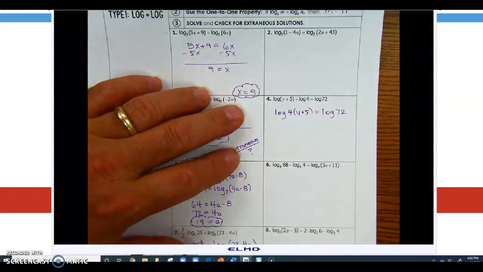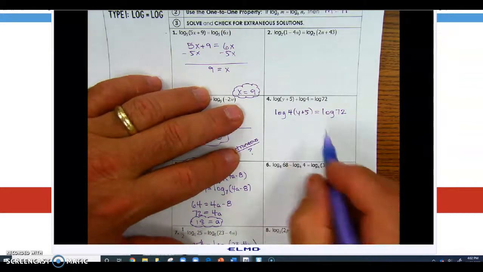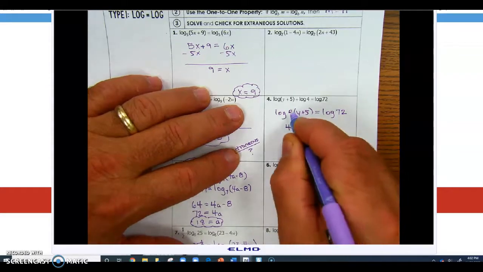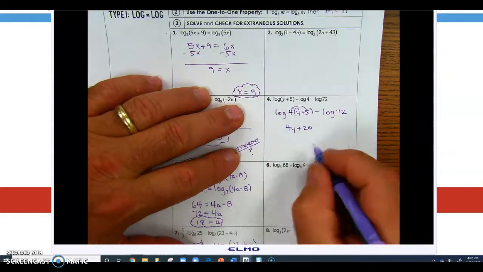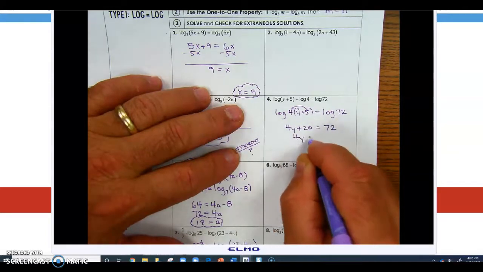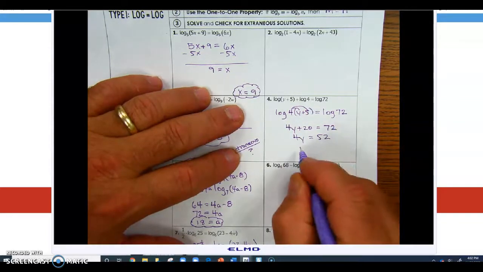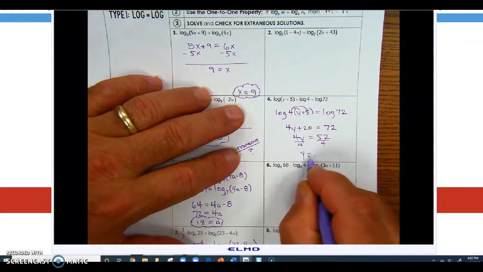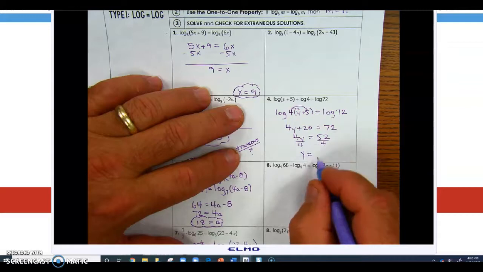This is base 10 here, but I don't need the base. I'm ready to drop the logs. 4y plus 20, just distribute it a little bit there, equals 72. Subtract 20 from both sides. 4y equals 52. Divide both sides by 4. Y is equal to 13.